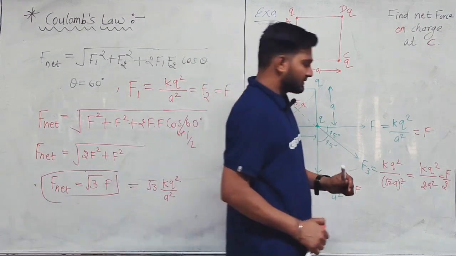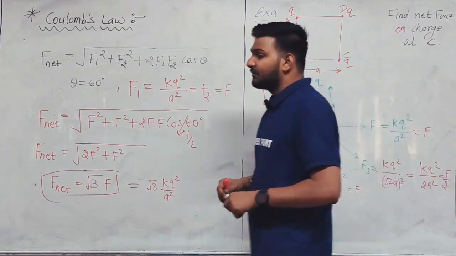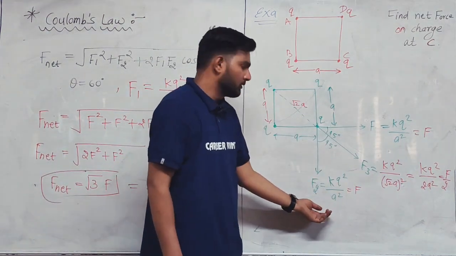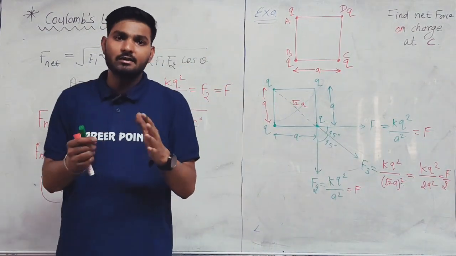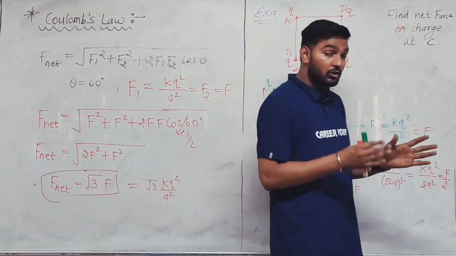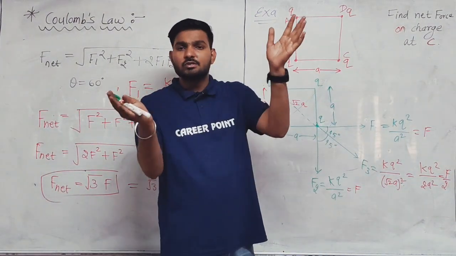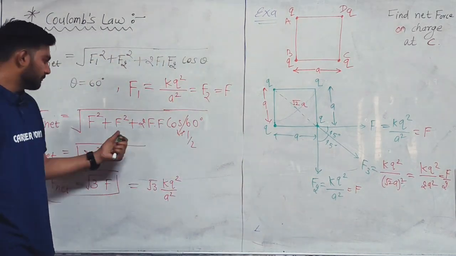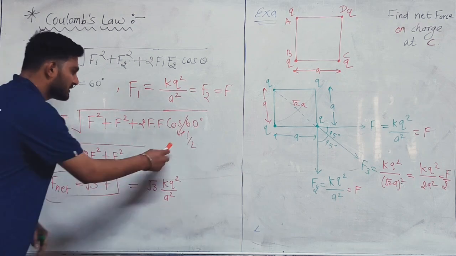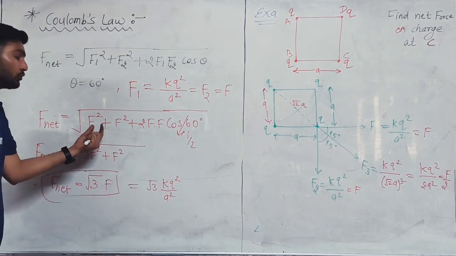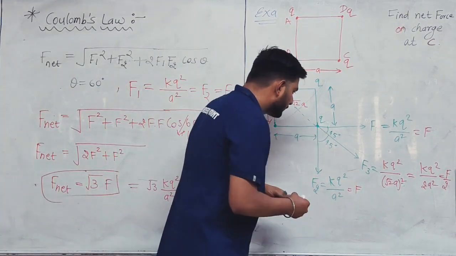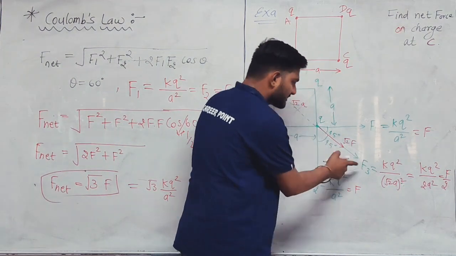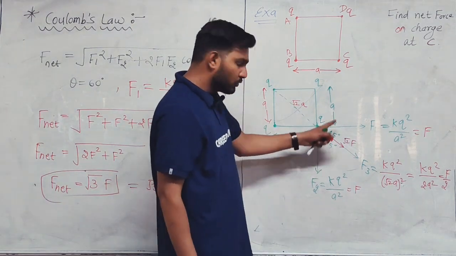Now we have three forces, but we have to find the resultant. These two forces F and F are equal in magnitude, but they are at 90 degrees, and we know that when theta is 90 degrees, the cos term becomes 0 and it will be root 2F, which is along this direction, making a 45 degree angle with both of these axes.